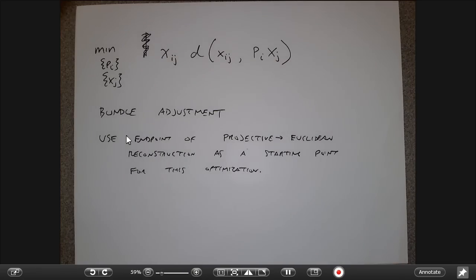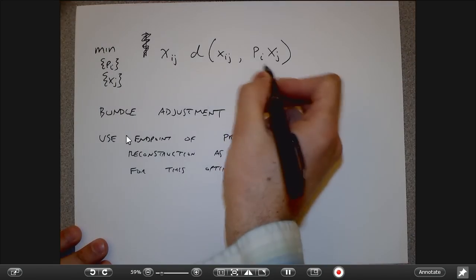And so this optimization proceeds pretty normally. The main thing is that I don't want to lose my constraints. In Euclidean reconstruction, I was really careful to force the camera matrices to look like what I knew they should look like. It's important to enforce those constraints as well as possible by correctly parameterizing these things.